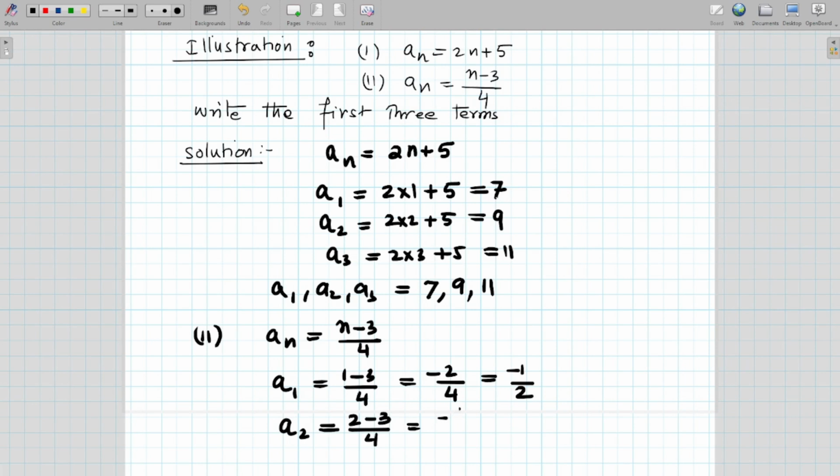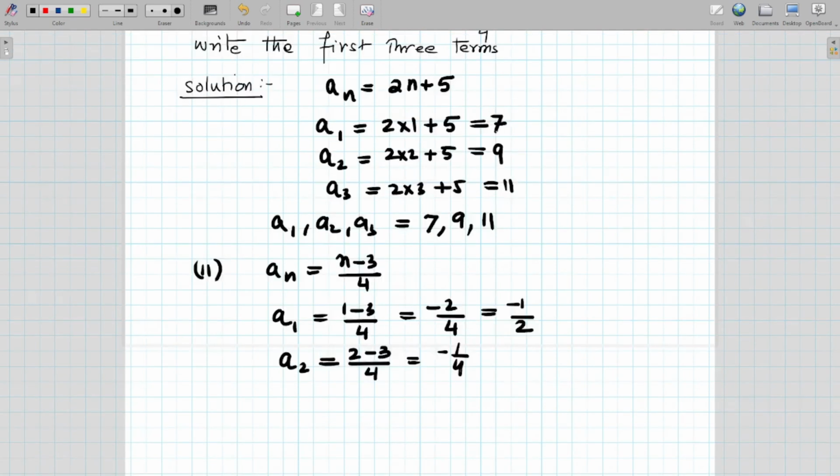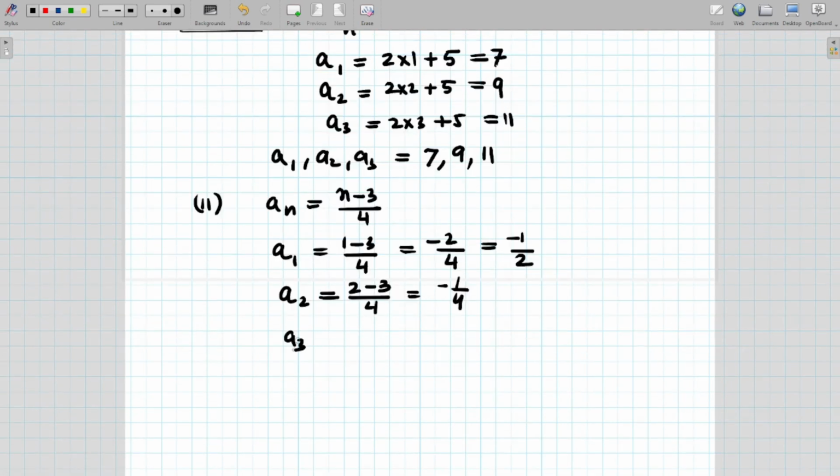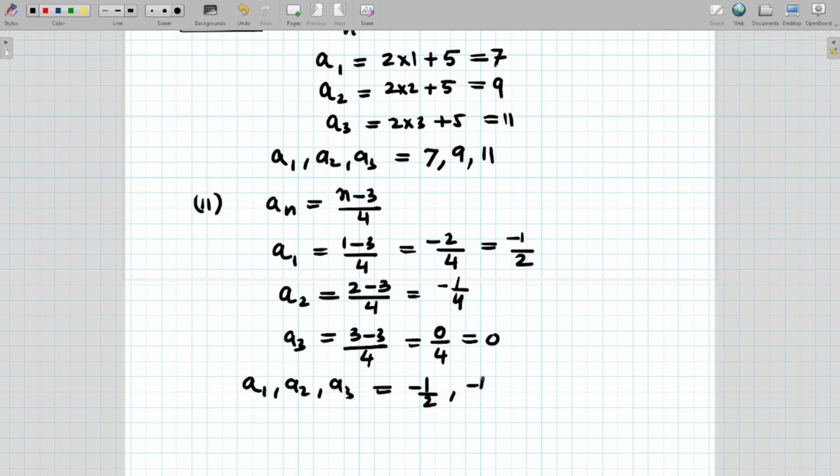We will get negative 1 upon 4. a3 क्या होगा? 3 minus 3 upon 4, which is 0 upon 4, which is 0. So a1, a2, a3 is negative 1 upon 2, negative 1 upon 4, 0.